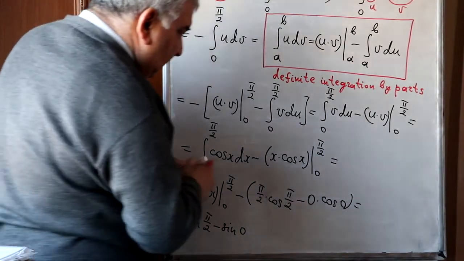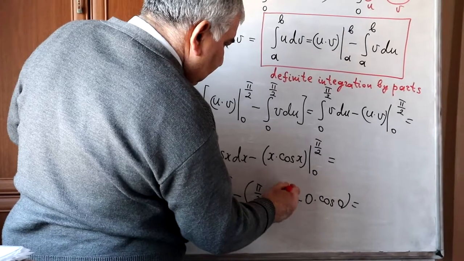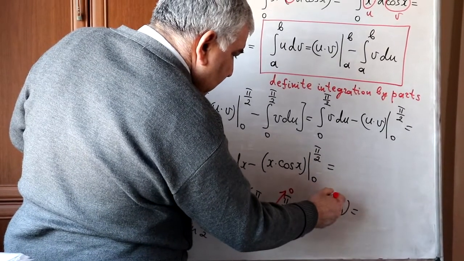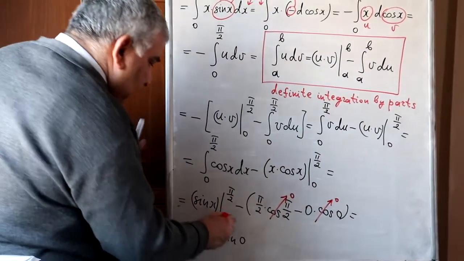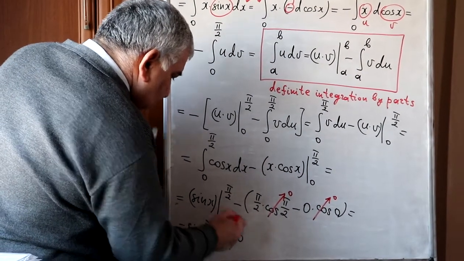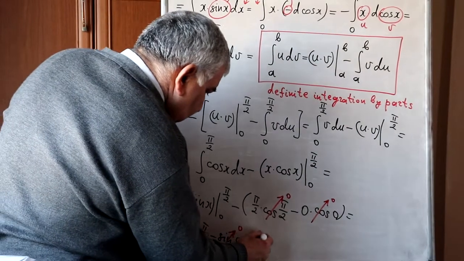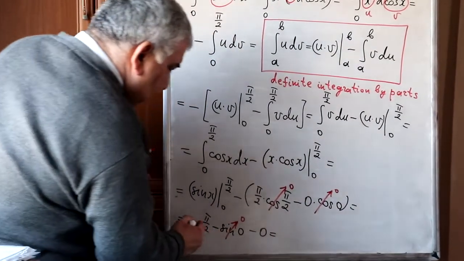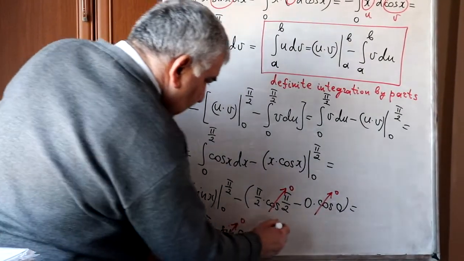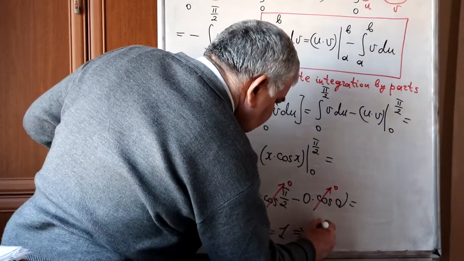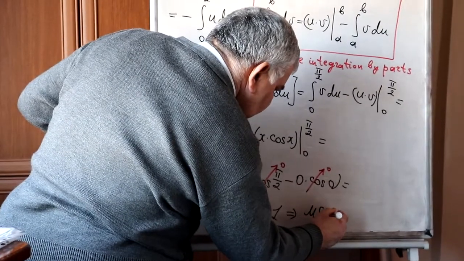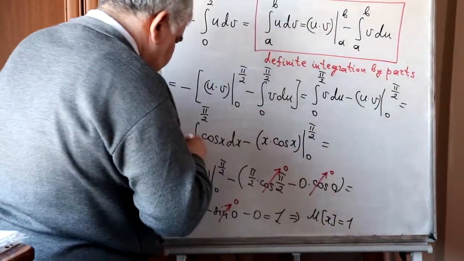Here cosine of pi in half is 0, and this term also is 0. And sine of 0 is also 0. Minus 0 equals sine of pi in half, which is unit. That is, our expression is unit. Here MX is unit.